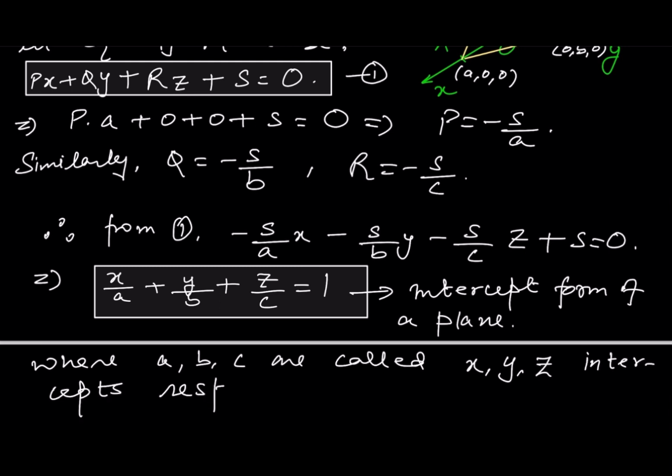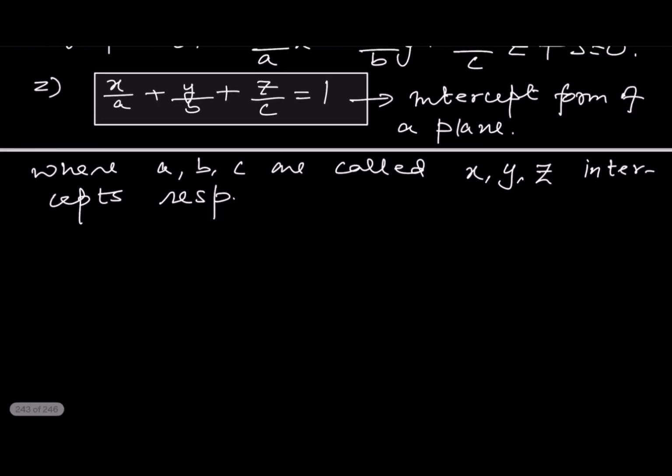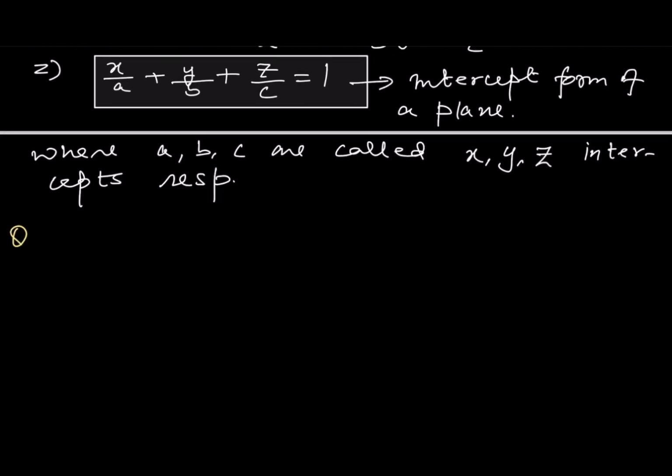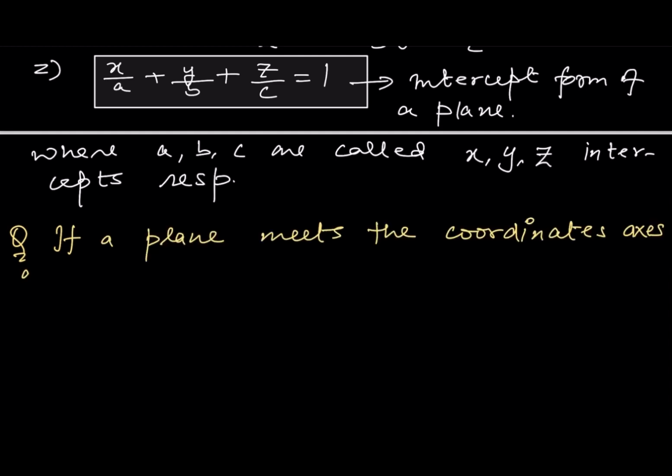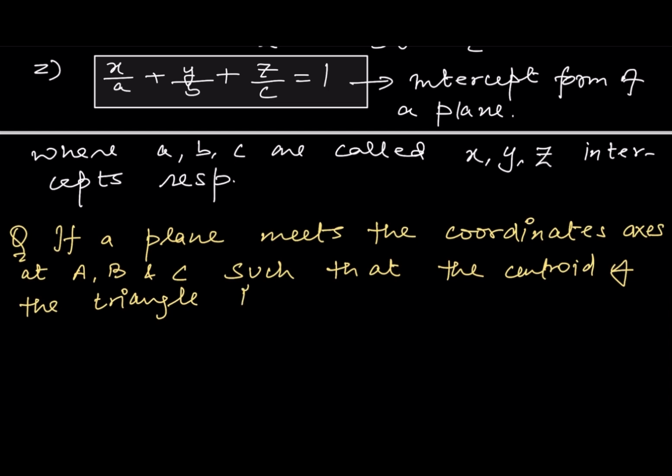Okay, now let us take some questions. Question is, if a plane meets the coordinate axes at A, B and C such that the centroid of the triangle is (1, 2, 4), then find the equation of the plane.